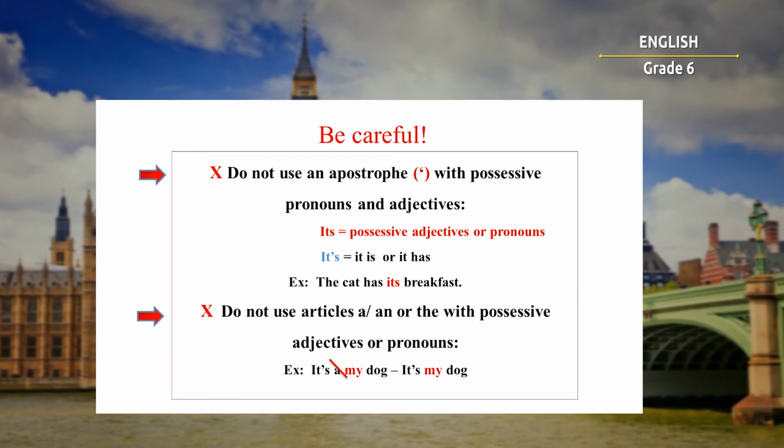First of all, do not use an apostrophe with possessive adjectives and pronouns, because it's with an apostrophe means it is or it has. Secondly, remember that you mustn't use articles a, an, or the with possessive adjectives or pronouns. We cannot say it's a my dog. It's correct to say it's my dog.